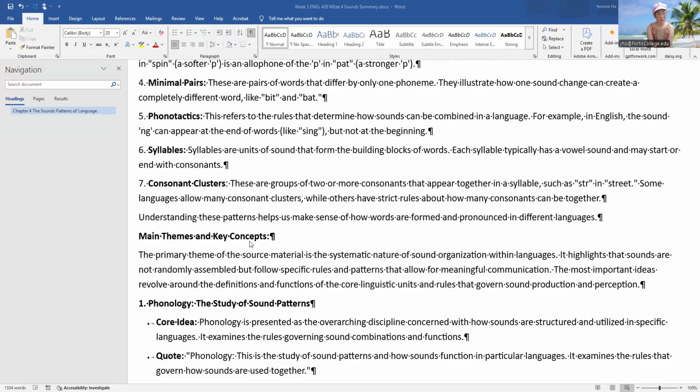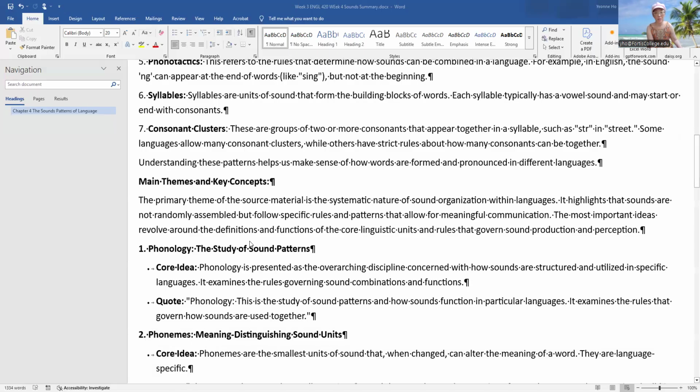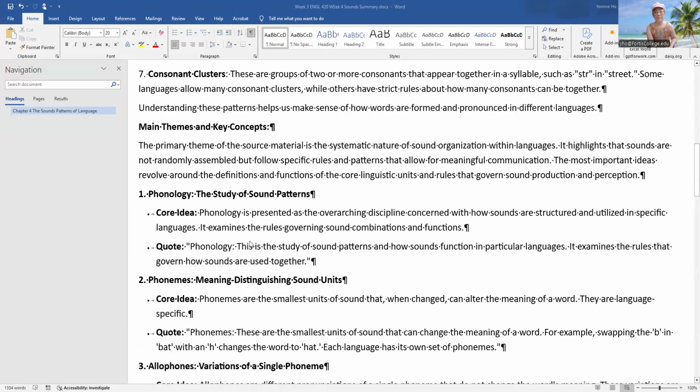So chapter 4 talks about the systemic nature of sound organization within languages. Phonology highlights that sounds are not randomly assembled, but follow specific rules and patterns that allow for meaningful conversation. The most important ideas revolve around the definitions and functions of the core linguistic units and rules that govern sound production and perception.